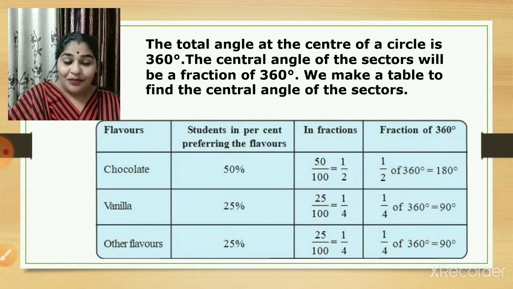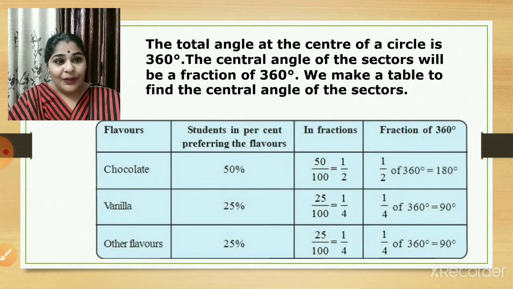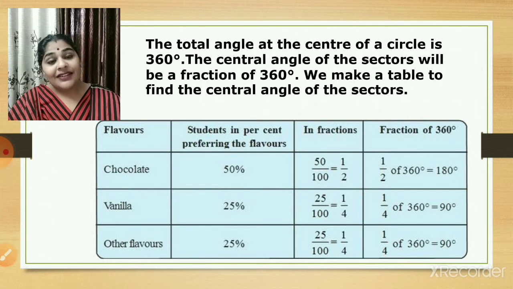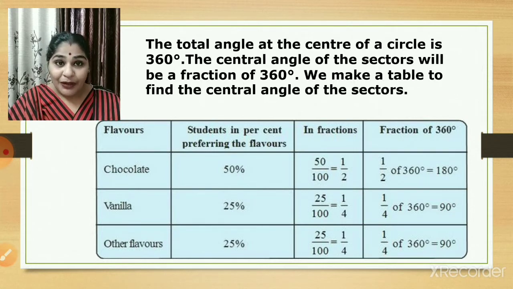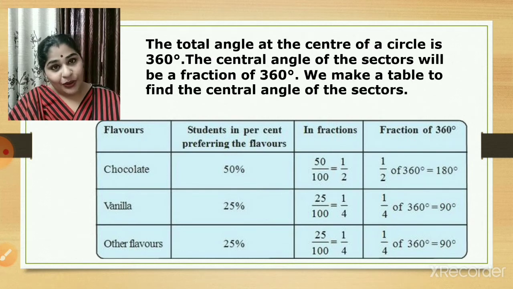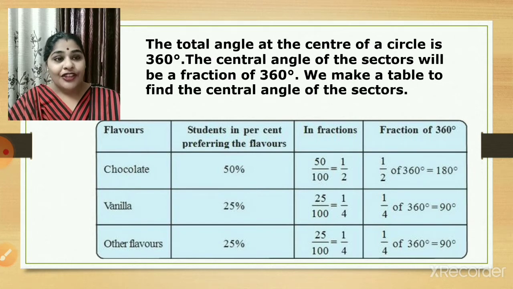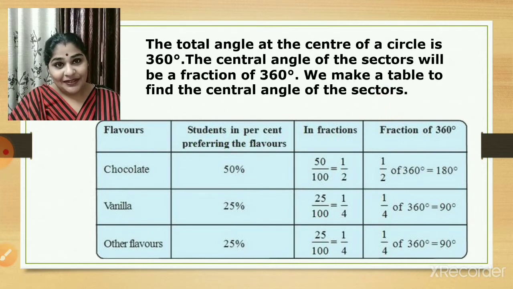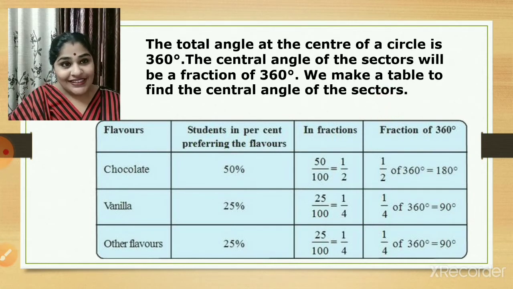Now the next step is finding how much is half of 360. Half of 360, then only you will get the central angle of that particular sector, that is the chocolate, right? Half of 360 means, as we have already seen, you multiply. So half of 360 is half multiplied by 360, and we know it is 180 degrees.